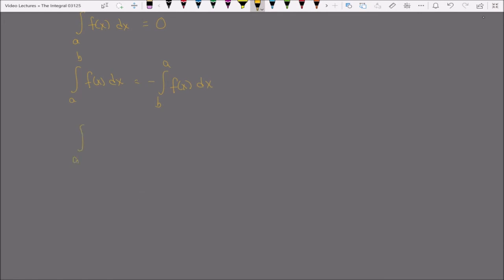Then we have the integral from a to b of f of x plus or minus g of x dx is equal to the integral from a to b of f of x dx plus or minus the integral from a to b of g of x dx.